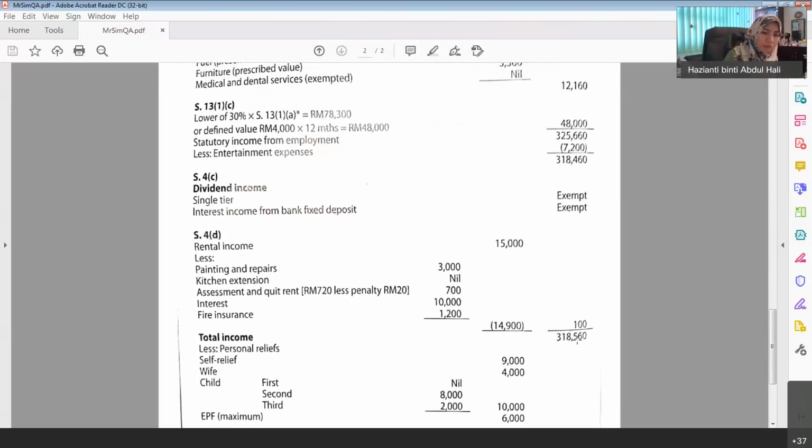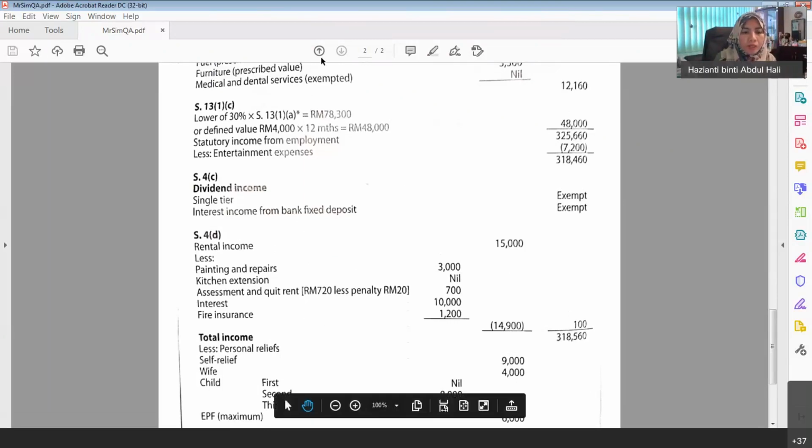Okay. Alright, so if you have no question for this one, I want to share with you the solution for our quiz. Kita buat quiz Haziq hari tu kan? This is how I will mark your quiz.